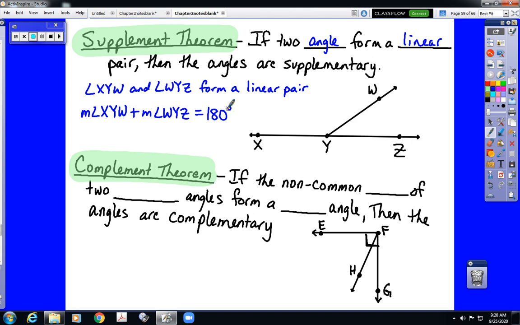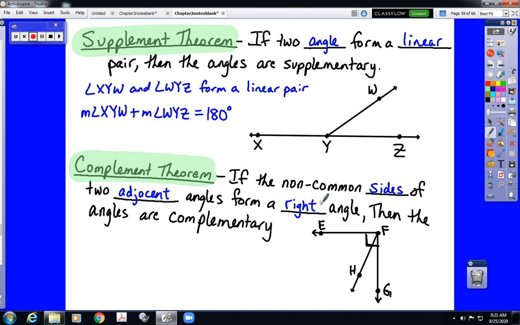The complement theorem says if the non-common sides of 2 adjacent angles, there's a vocab word again, form a right angle, then the angles are complementary. And I'm actually going to take that a step further here.